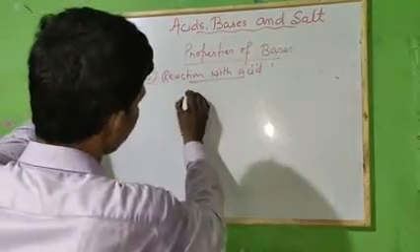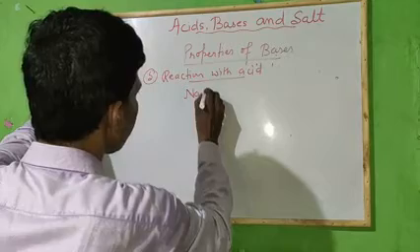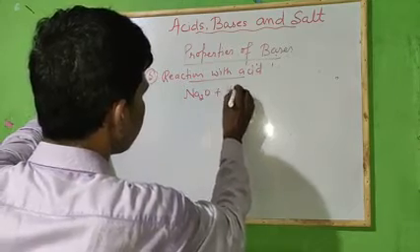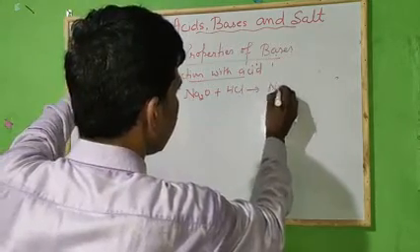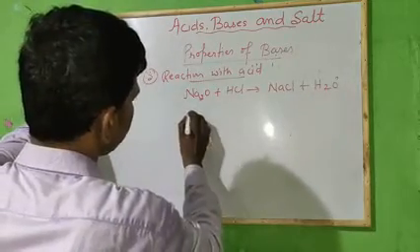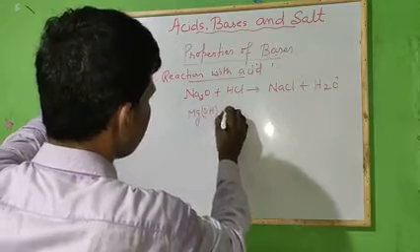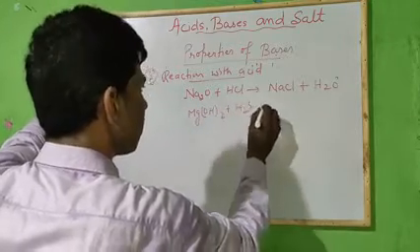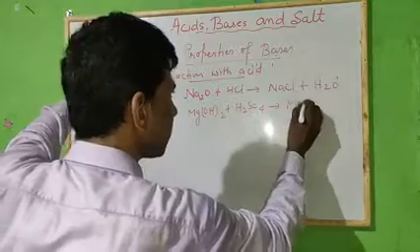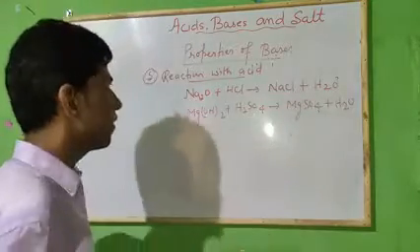Suppose I take the oxide of a metal with an acid; the formation will be NaCl, salt, plus water. If you want, you can take magnesium hydroxide with sulfuric acid, and there will be formation of magnesium sulfate plus water. So many examples are there.